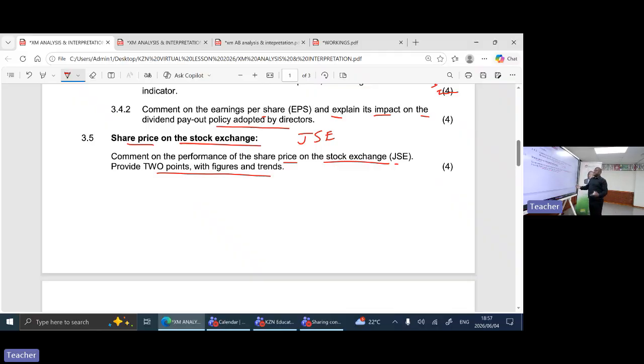Now, how are our shares? This is the market price. How are our shares performing on the JSE? That is what we will be looking at. So here, the market price is compared with the NAV. NAV is the price of our shares within the company. Then there is also a market price.